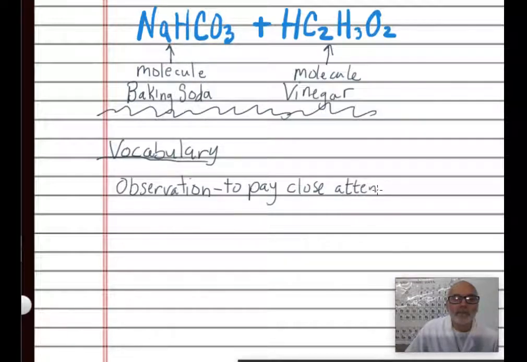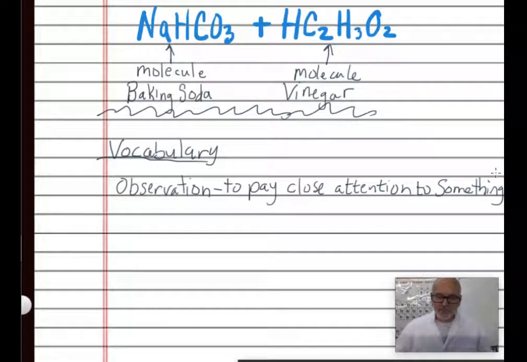Oh, my handwriting is terrible. To something, right? That's really it. And what did we use? We used our senses. You can use any one or more of your 5 senses to pay close attention to something.